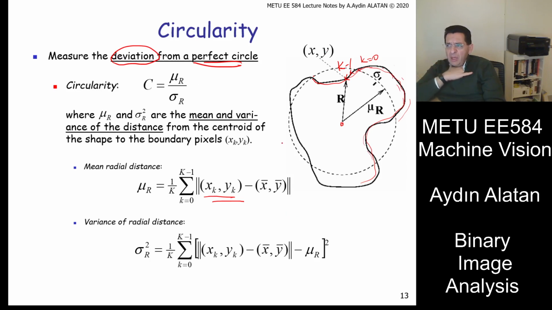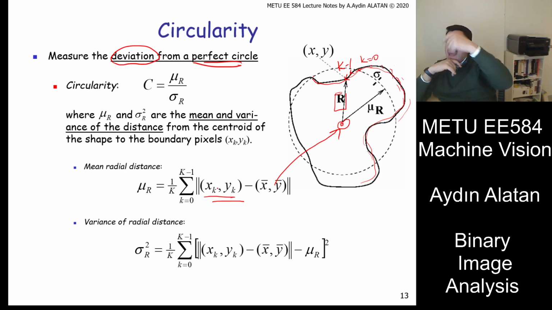And what I'm doing is this. I just take the difference between this one and the center of mass. This is the center of mass. That is giving you this R, okay? And that R is obtained for every such step here, and you take the average of it.